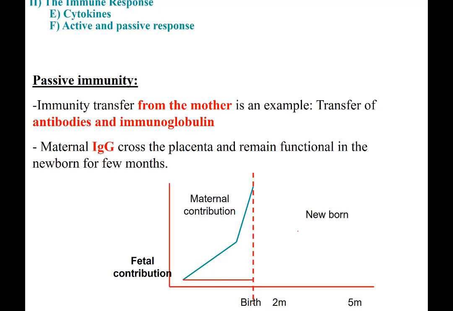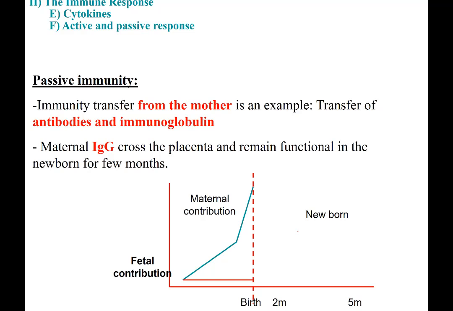We said innate immunity, acquired immunity, and to finish on the different types of immune response, I had to talk to you about passive immunity. Passive immunity is what's happening between the mother and a fetus or a baby during pregnancy.